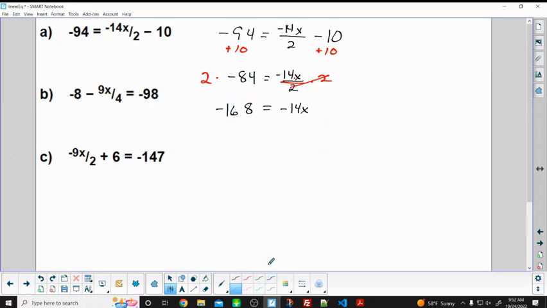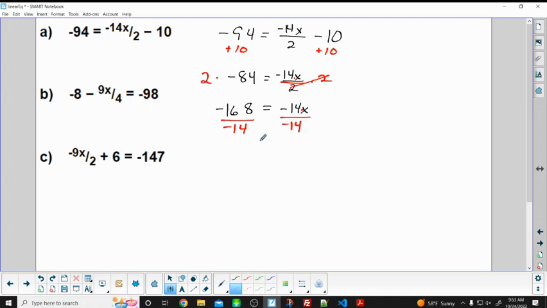And now that the fraction's out of there, I just have to undo this multiplication. So there's that multiplication of negative 14, so I'm going to divide by negative 14. And remember, we're using the property of equality, where what we do to one side, we do to the other. I don't think I mentioned that yet in this video, but anyways, don't forget about that, the fancy way of saying keeping our sides balanced.